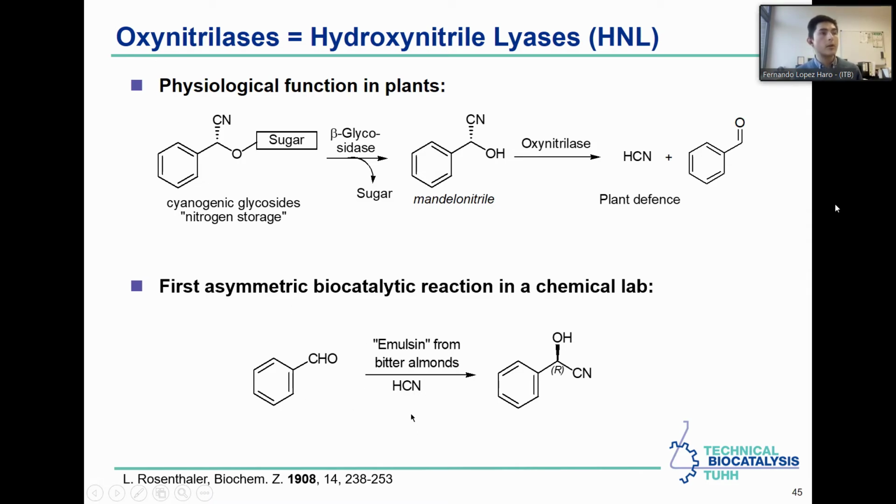The person who was doing this, Rosenthaler, found out that if left there at room temperature, the resulting mush had a high concentration of this specific enantiomer, but not the other one. It was later found out that this is due to the action of hydroxynitrile lyase, which is the enzyme present in bitter almonds.